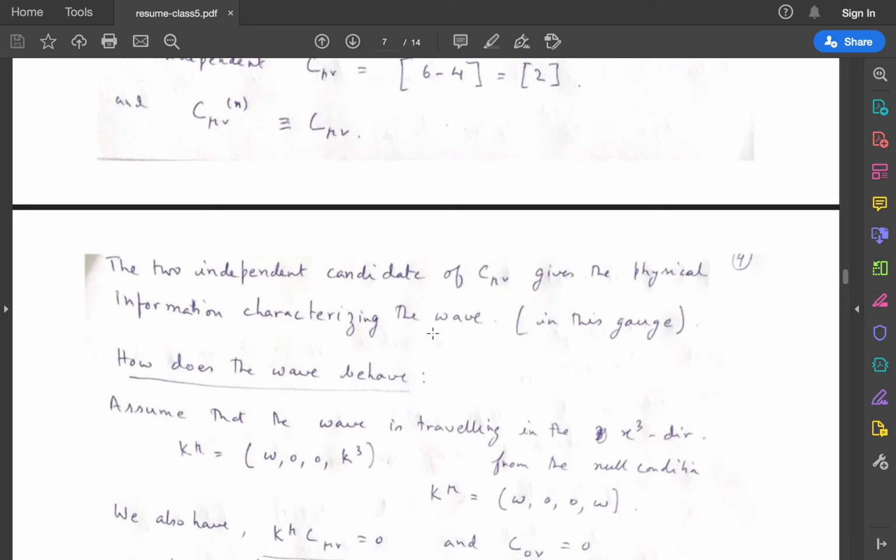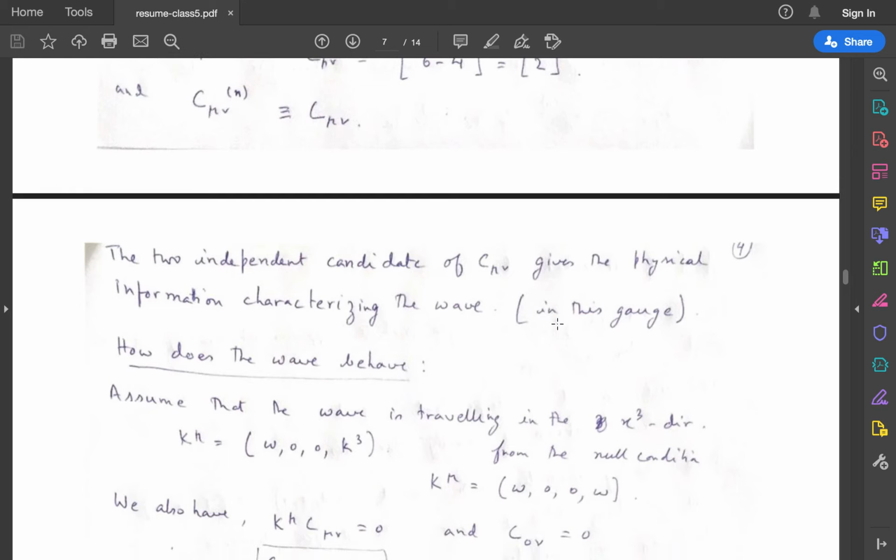However, we must remember that we are in this harmonic gauge and Lorentz gauge. So in this gauge we only have two independent c mu nu to find out.